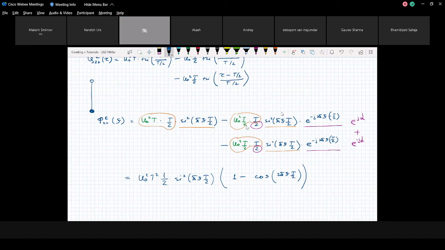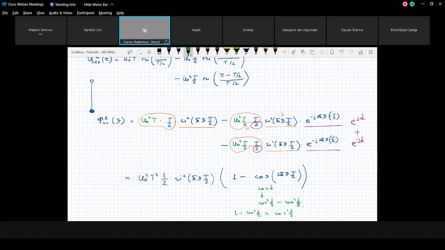Cosine itself can be written as cosine alpha, cosine square alpha over 2 minus sine square alpha over 2. Then 1 minus, and sine square alpha over 2 is nothing else as cosine square alpha over 2.